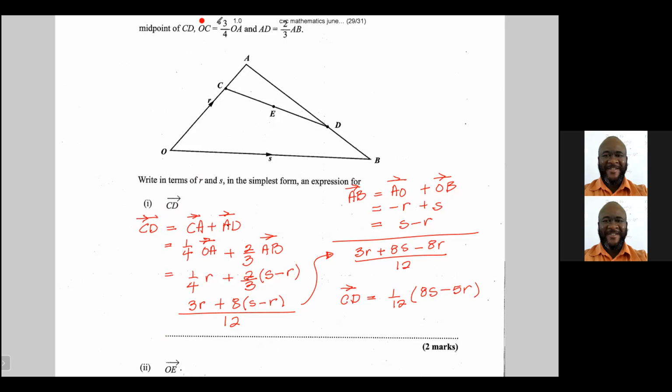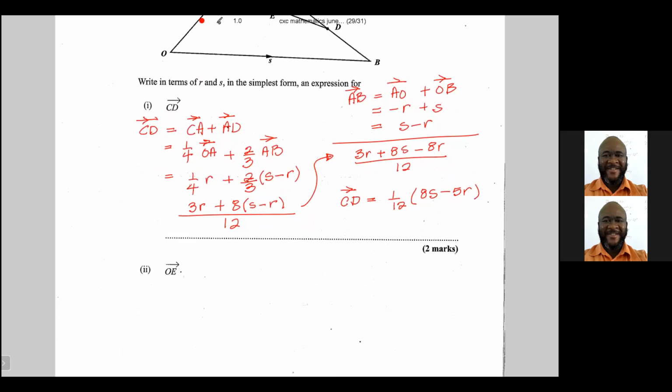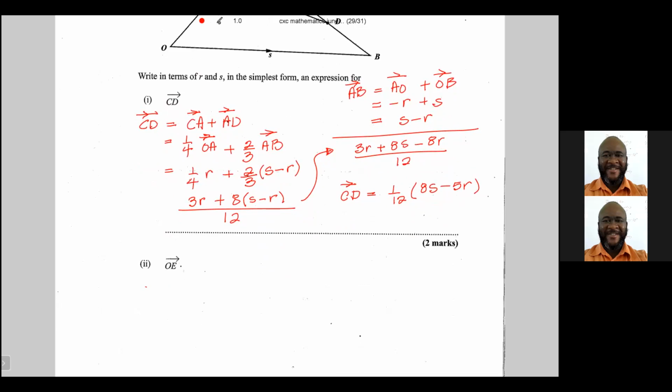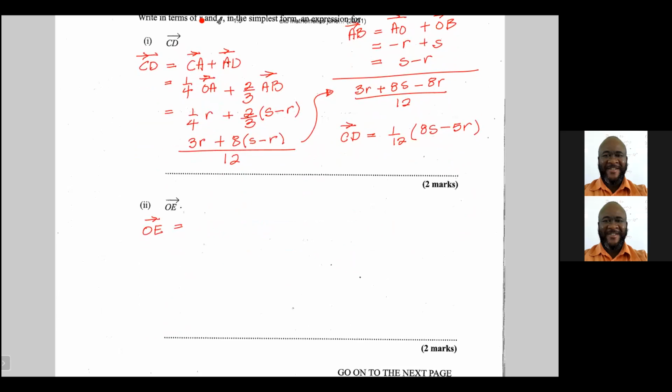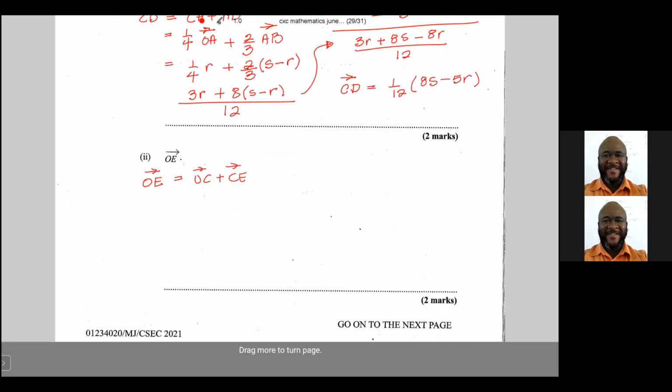All right, so dividing by 12 is the same as multiplying by 1 over 12. Let's find OE. Well, the vector OE is OC plus CE, and this is the triangle law of vectors.